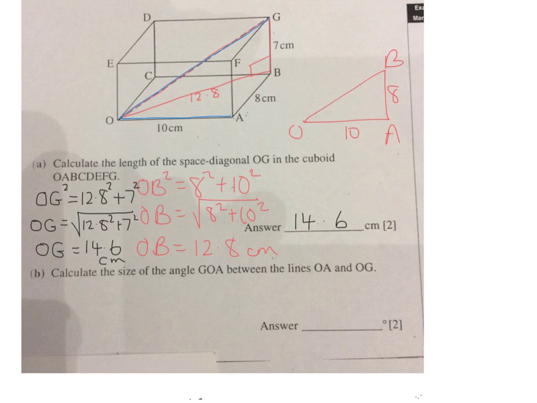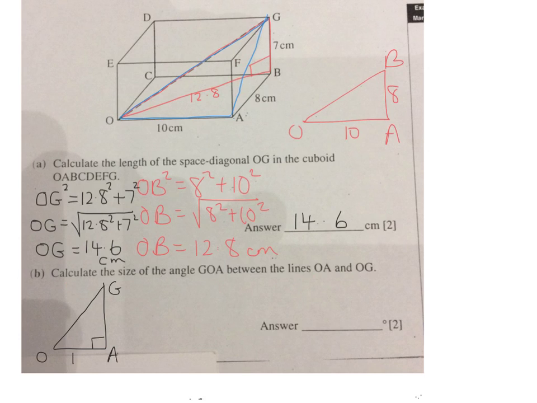So you should be able to see that we're looking at a triangle that is lying sloped in this shape. So it's sort of sloping up from this edge up through the centre of the cuboid up to this vertex G. So we have a right angle triangle where this is O, this is A, our right angle, and this is G up here.